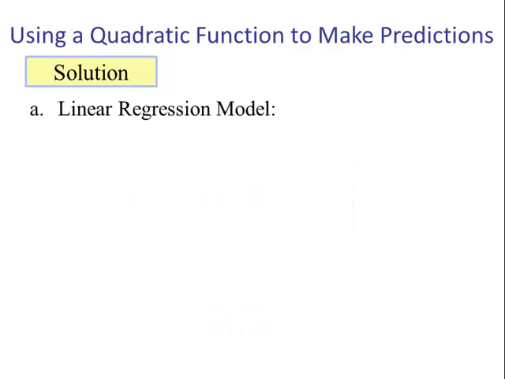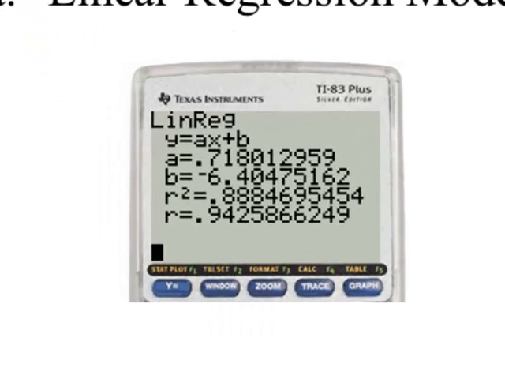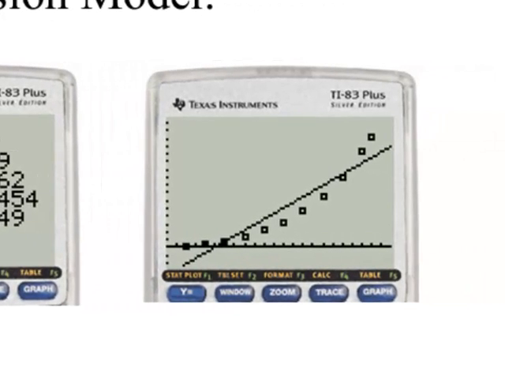For the linear regression model, we have the slope being about 0.72, the y-intercept being a negative 6.4, and the value of R square is about 0.89. This is a visual. The linear model does not look like it's fitting this data very well. The data has a curve to it.